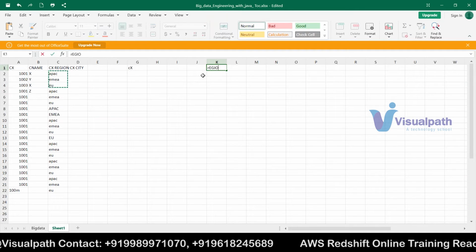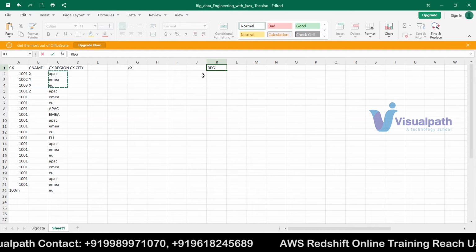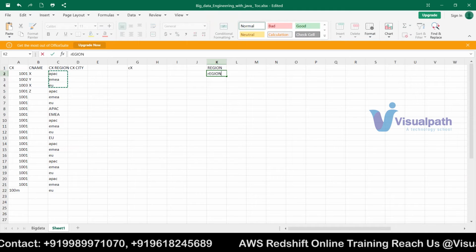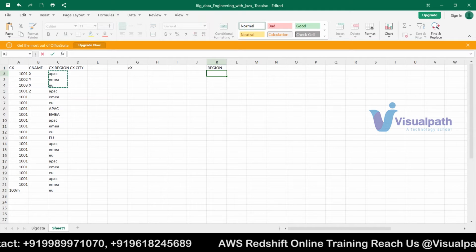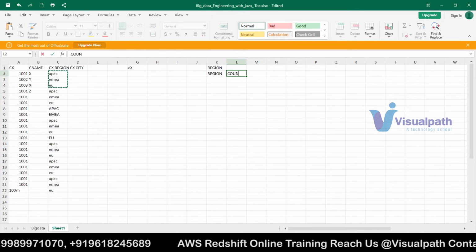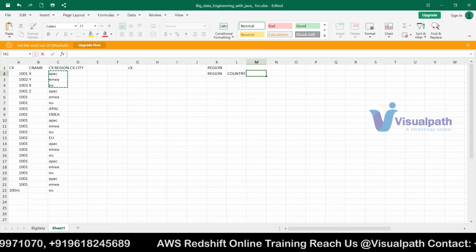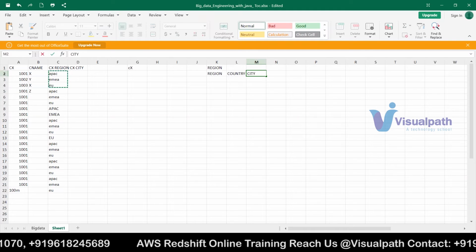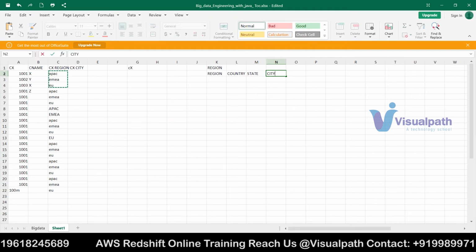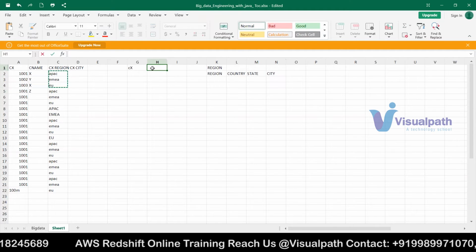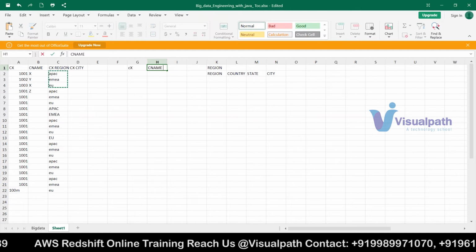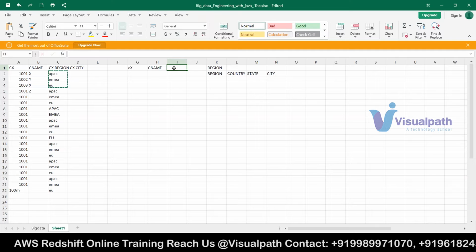In the region dimension, they have region, and of course country, and state and city. Of course, in customer they can have customer ID, customer name, customer email address, whatever they want.